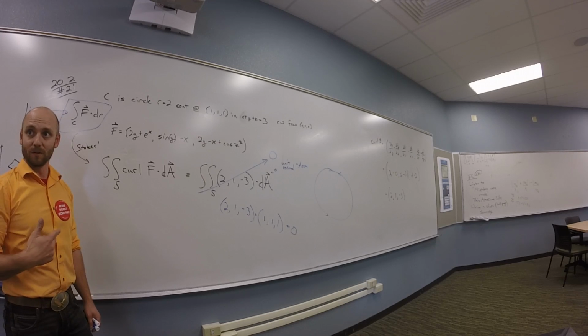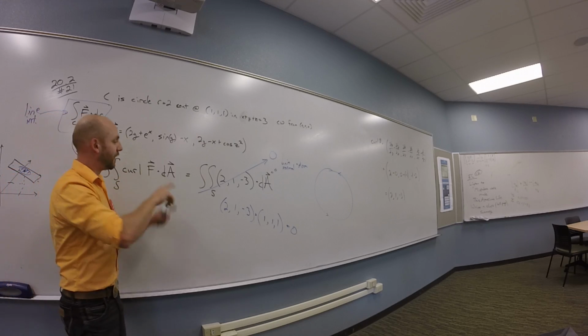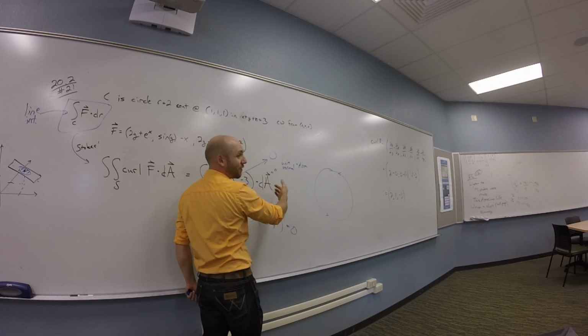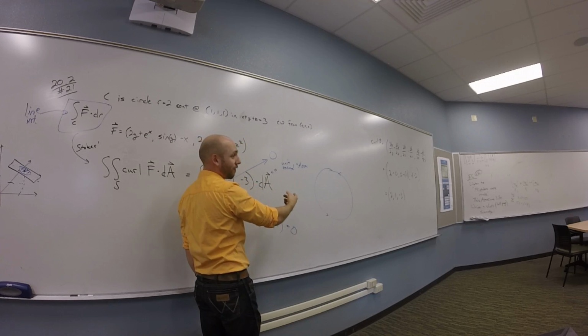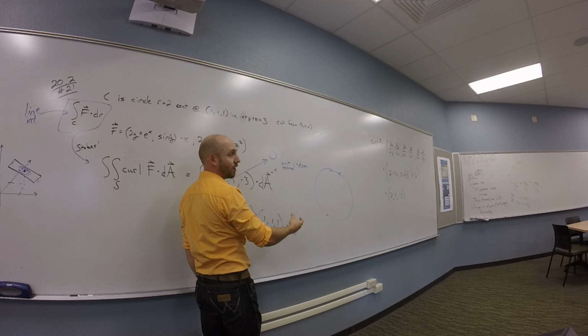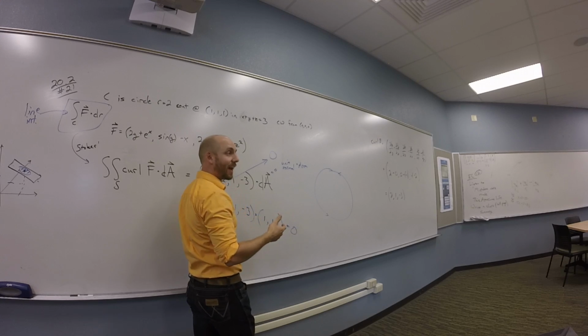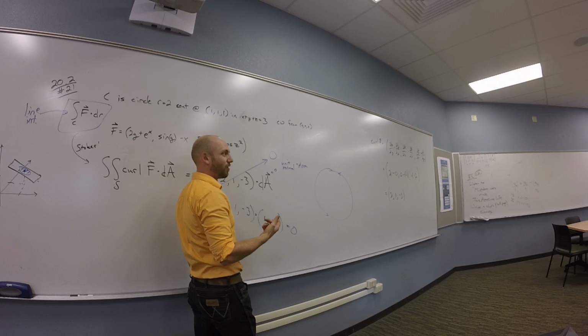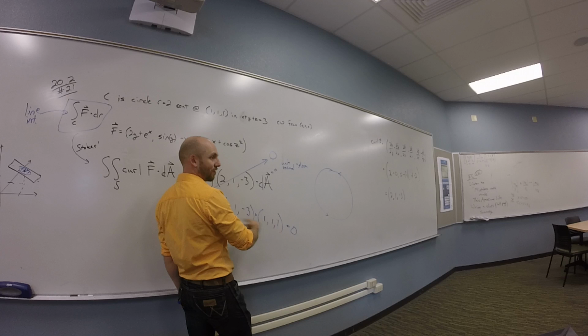Okay. Cool? Questions? This trick works if the surface you've got is flat, so the normal's always the same. You can just multiply with the normal and then multiply by the area. If this thing's constant, that's super easy.